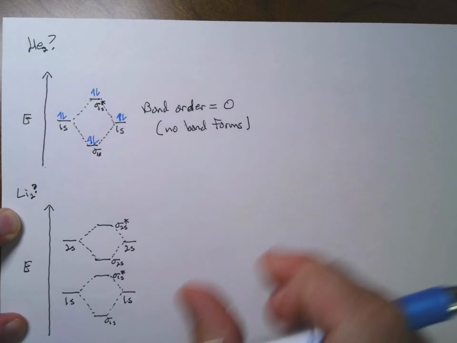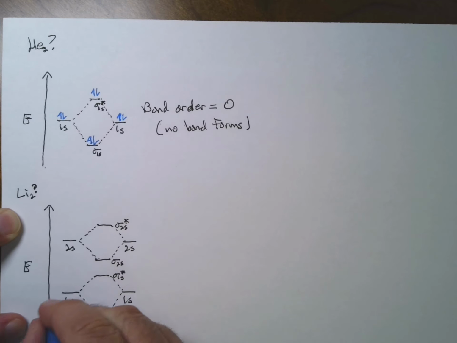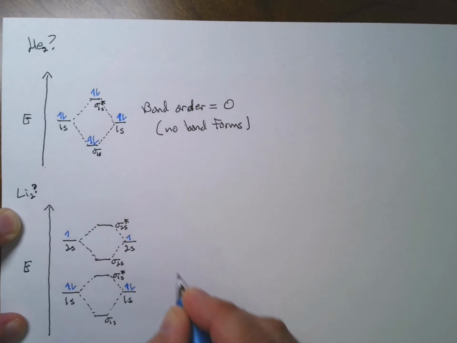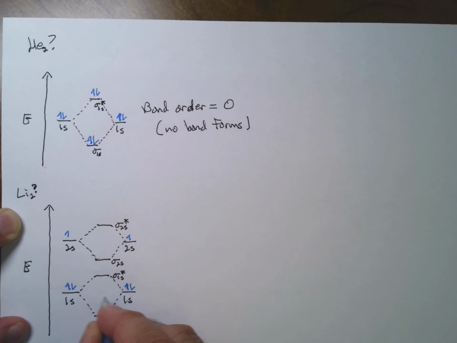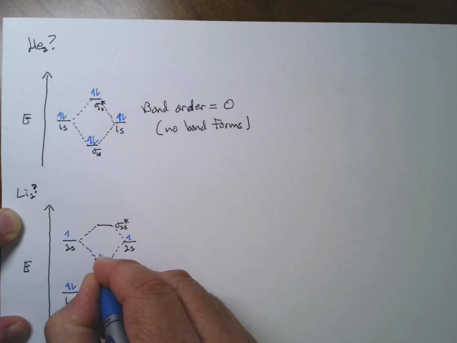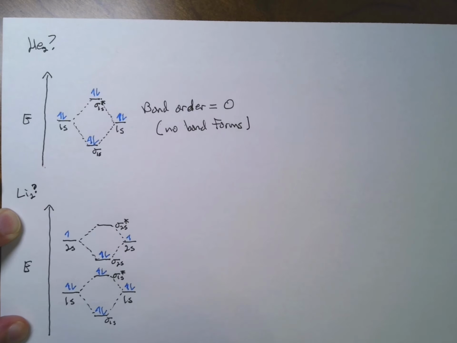And now lithium has a total of 3 electrons, 1, 2, 3. So we can fill these in then. We've got 6 total, so 4 down here, 1, 2, 3, 4. And then up here on the second level, we've got 2 there.